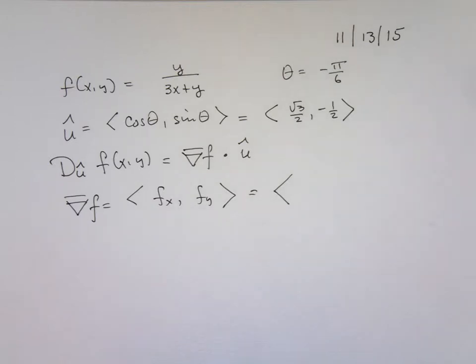You've got a plane that intersects our surface at this point in that direction. That plane's intersection with the surface will give us a curve, a curve like this at this point. The slope of the tangent line to that curve at that point is the directional derivative. It's the slope of the tangent line in that direction.